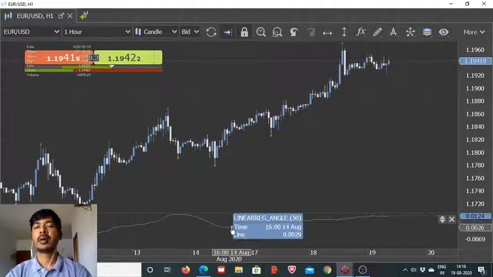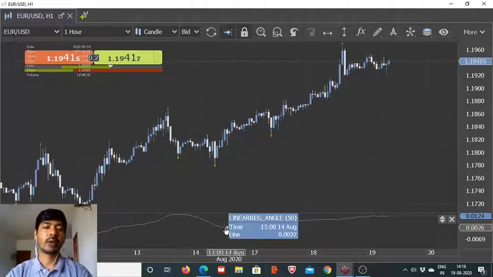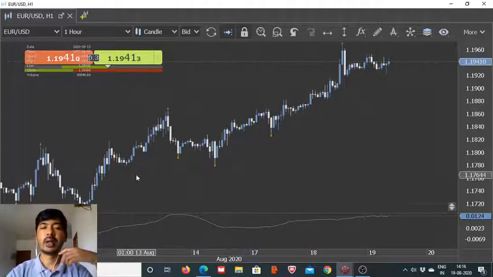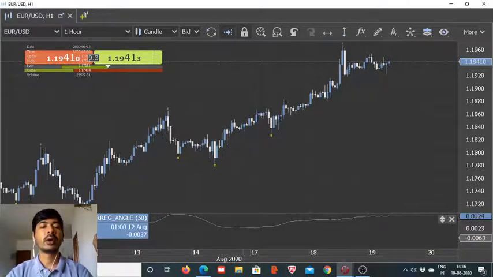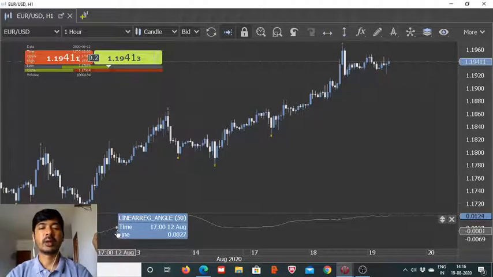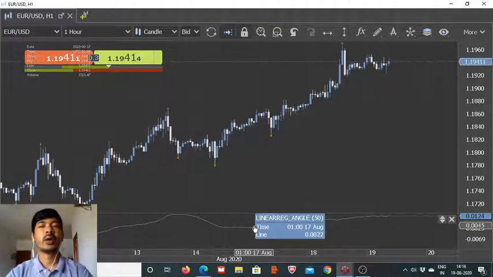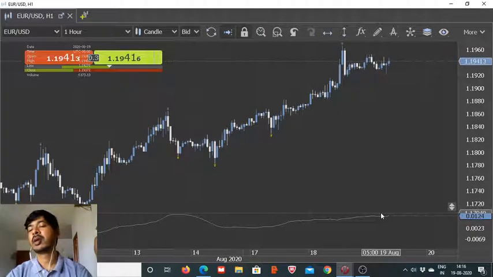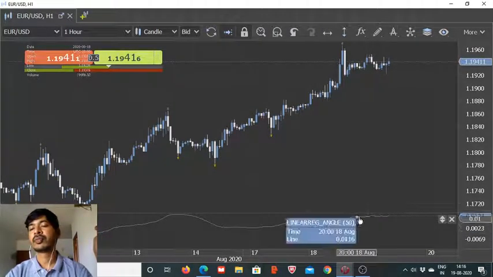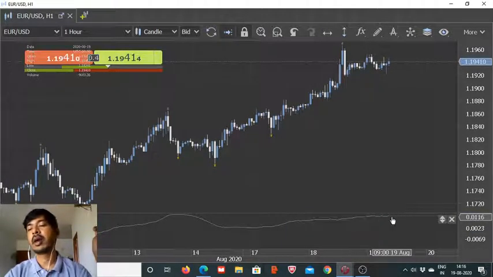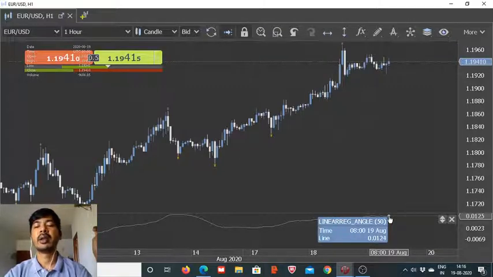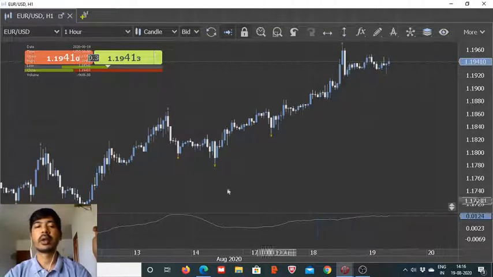And here the value has not dipped into the negative territory for quite a while now after this 12th August phase, and then it started to rise, and from there on it has held well in the bullish territory. And even here you can see that the momentum is fairly strong as the linear regression angle values are still on the rise.